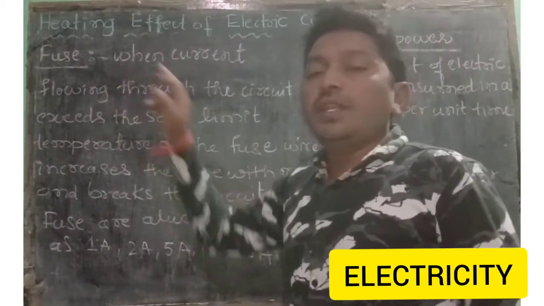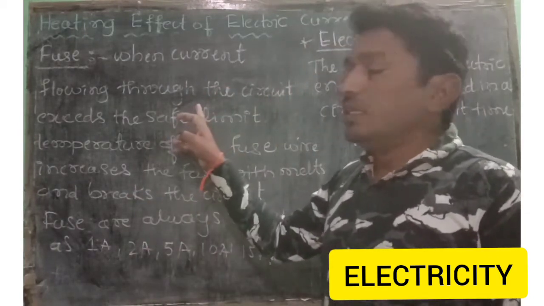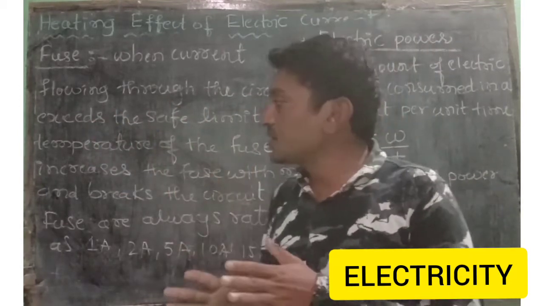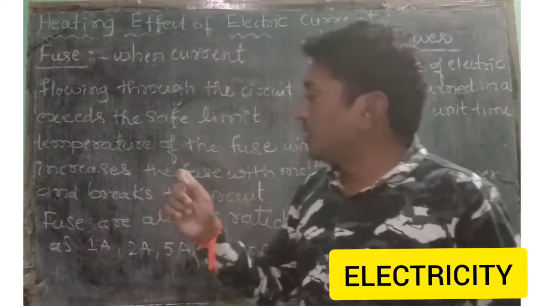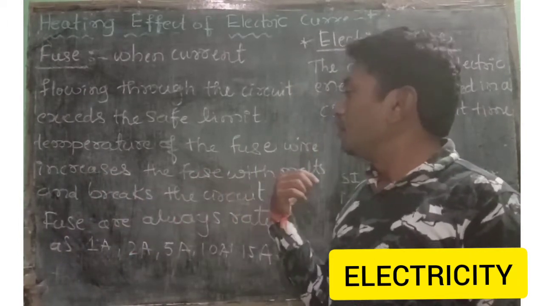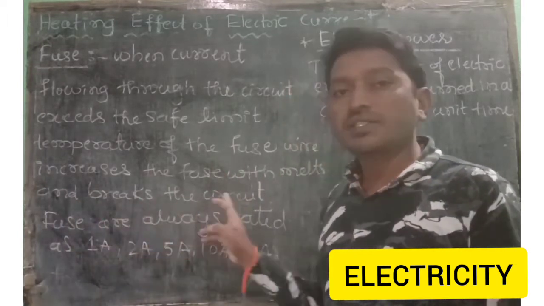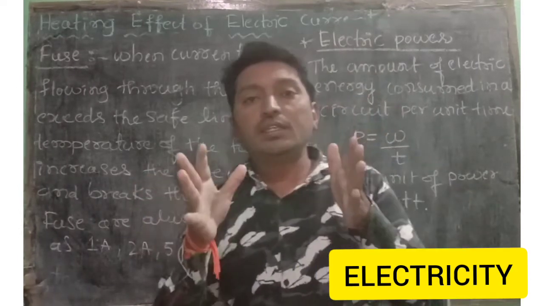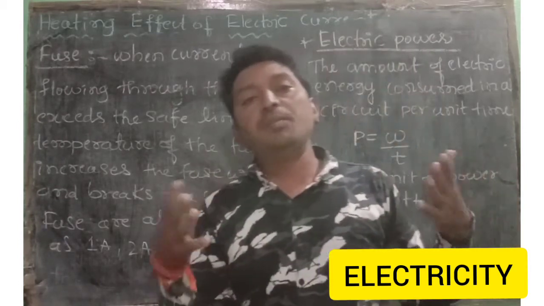When the electric current flowing through the circuit exceeds the safe limit, the temperature of the fuse wire increases, the fuse wire melts, and breaks the circuit.